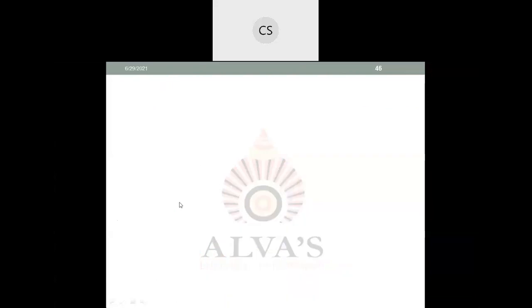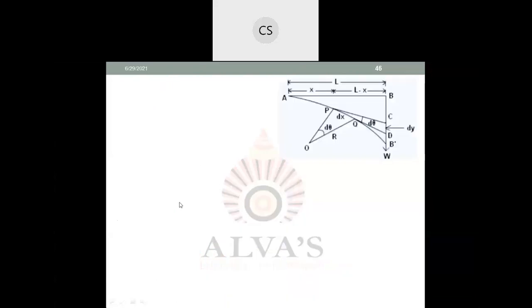Okay, all right. Let us consider a cantilever of length L, fixed at one end, whereas the other end is loaded.